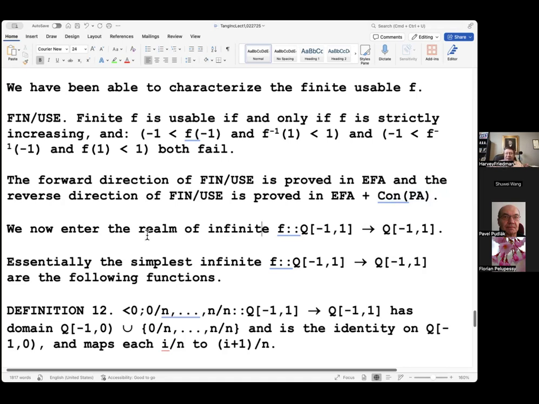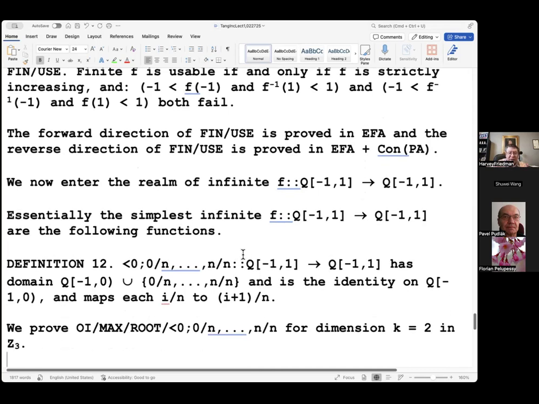All right, now the set theory arises when you go to the realm of the infinite maps. And this arises in extremely simple infinite maps. Essentially, the simplest infinite maps are shaped like the ones below.